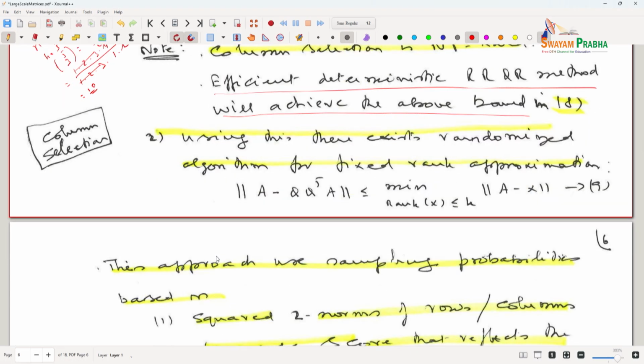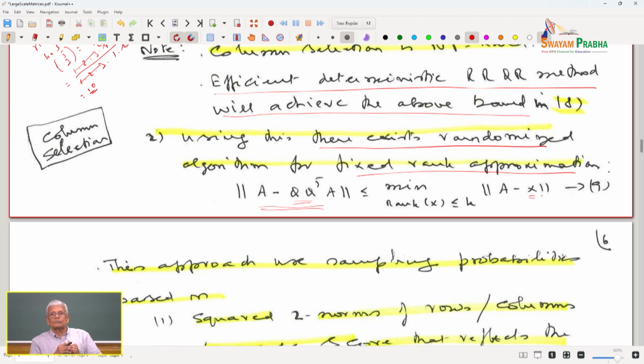Now, using this framework, we are going to look for a randomized algorithm for a fixed rank approximation. So, what is it that we are seeking? We are seeking a matrix Q such that QQ transpose A approximates A in the sense of a norm, such that this error is no more than the error in the best approximation.